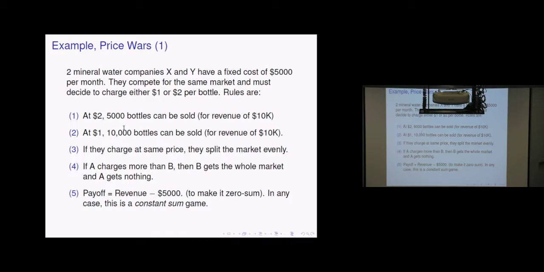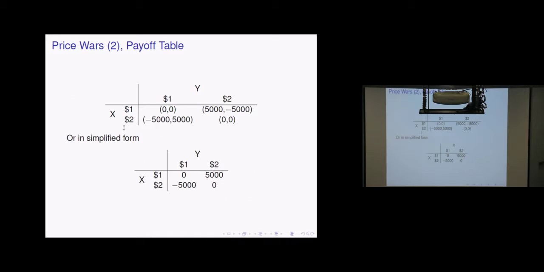In any case, this is something called a constant sum game. Each entry, if you add the total payoff, you get the same constant. So the payoff looks like this. If both of them charge the same price, they both get 5,000. But since we take away 5,000, it becomes 0, 0.